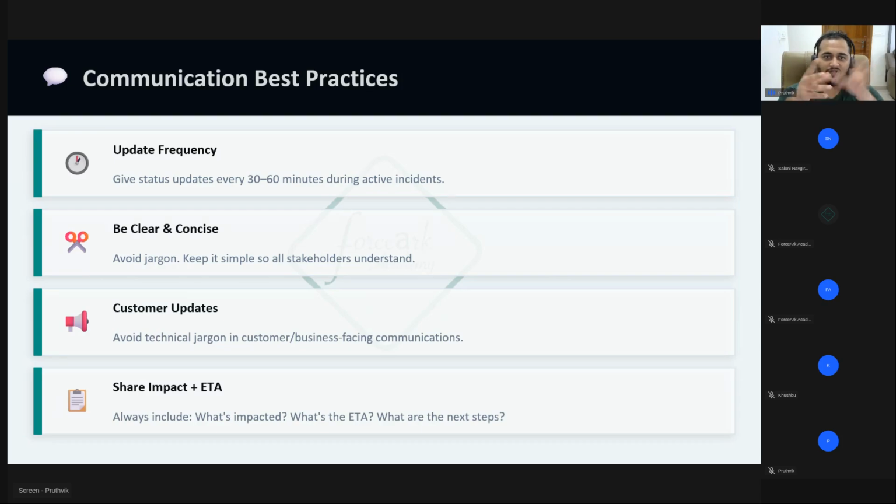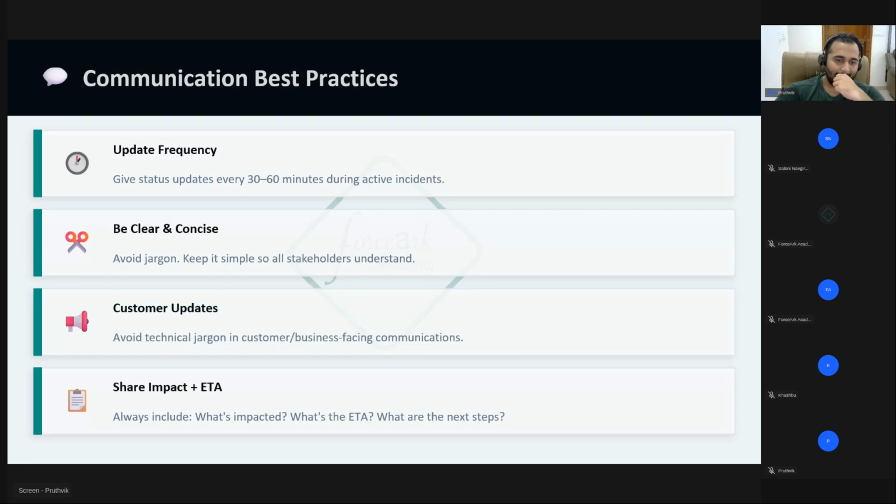You should tell them that the system is experiencing some high load, and we are trying to mitigate that by doing XYZ. So you have to be very business oriented and talk in business terms. If not, they will not understand, and it will just create more panic in the room.